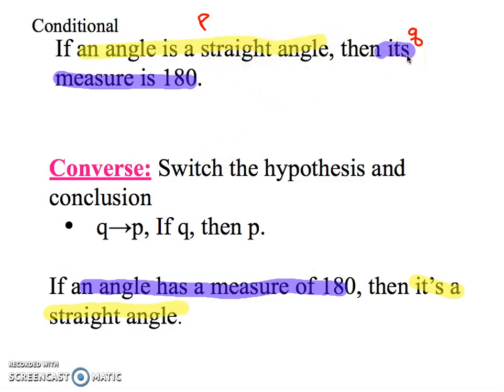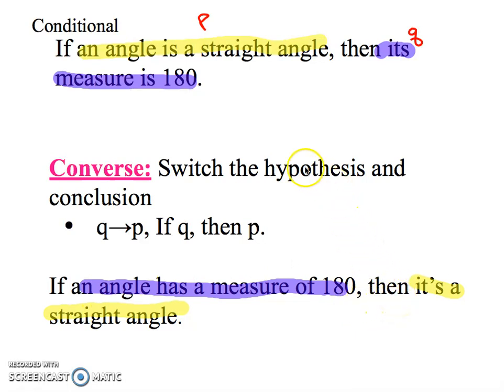Notice the symbols. Q, remember, is our conclusion, and P is our hypothesis. The converse is where we switch the hypothesis and the conclusion. So the converse is written like this: if an angle has a measurement of 180 degrees, then it's a straight angle.